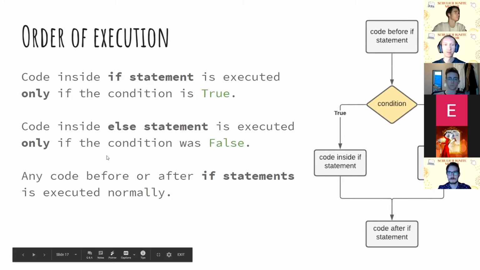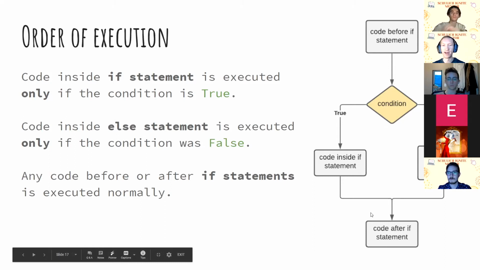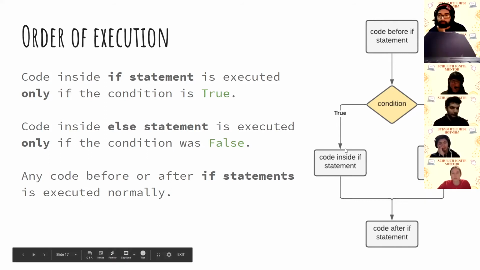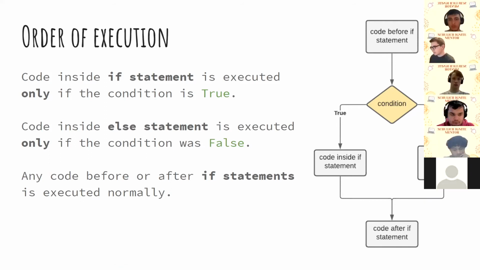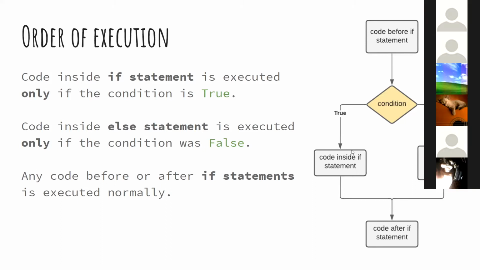If we are in the else statement, so the condition is false, it will run whatever is inside our else statement, and it will come back as well to whatever is after our if statement. So only one of these cases will happen. If the condition is true, it will run one set of code. If it's false, it'll be running the other one. Both of them will never happen.